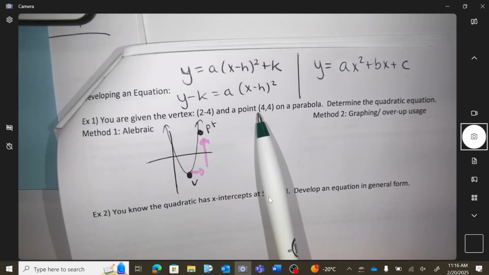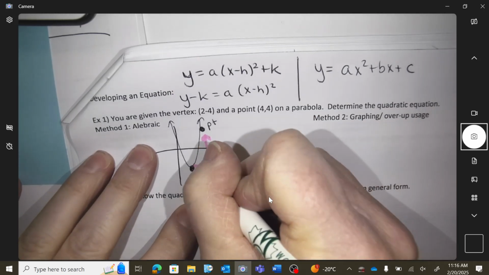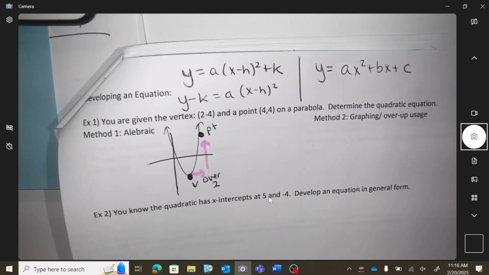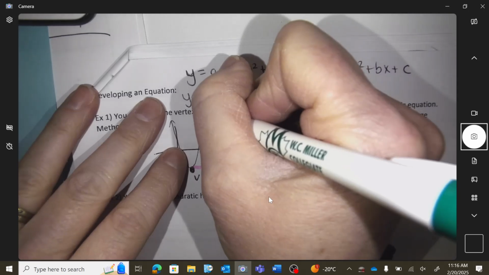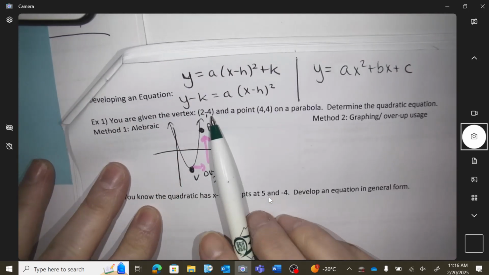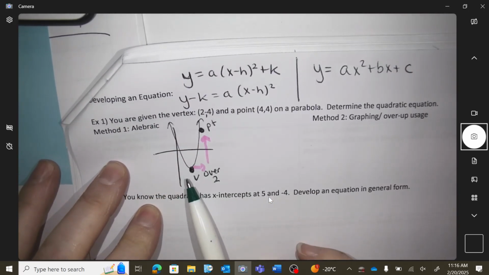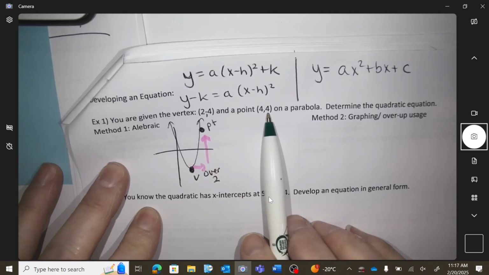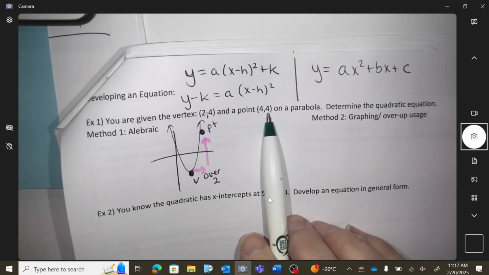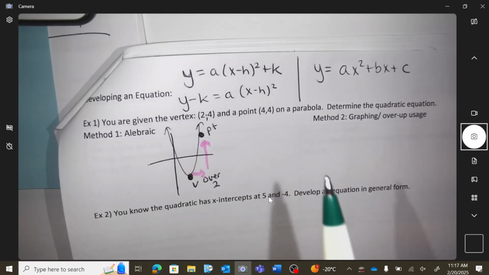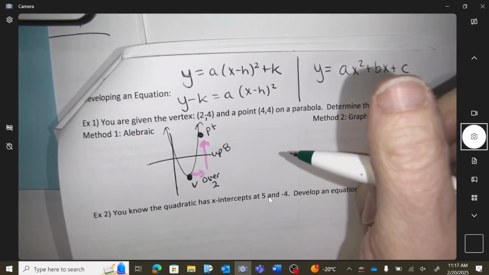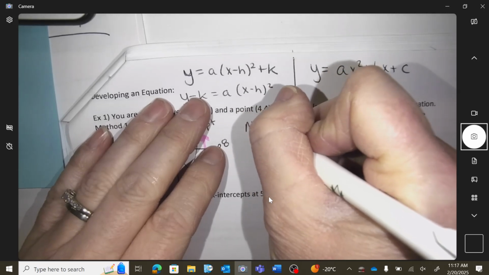So that has made me move over 2. This was at a height of -4, and now this coordinate was at a height of +4. So what's that traveling? Up 8.